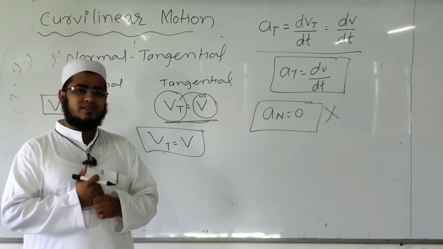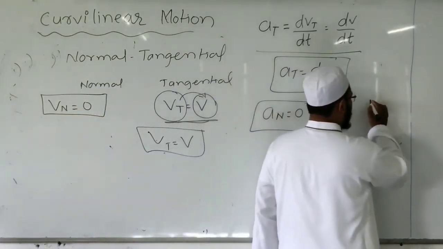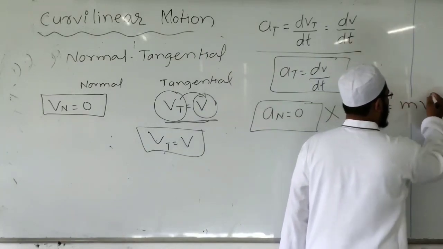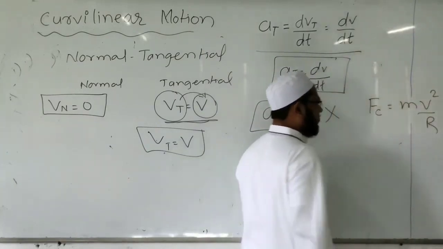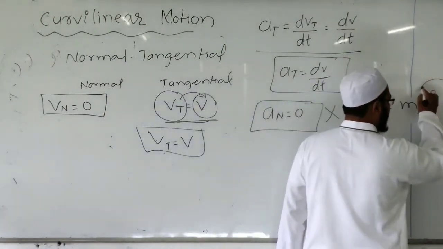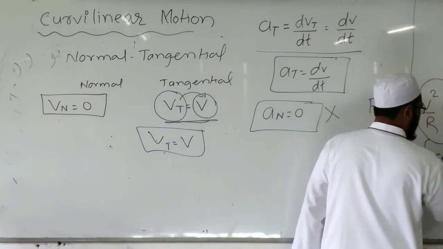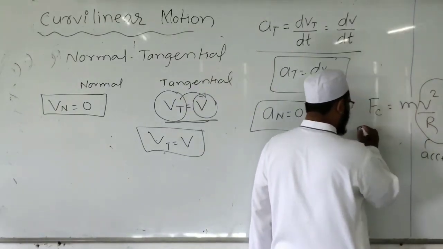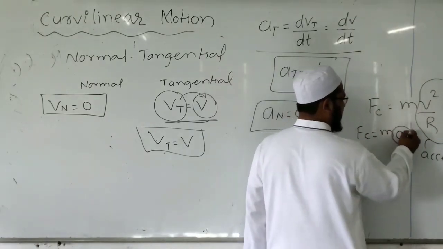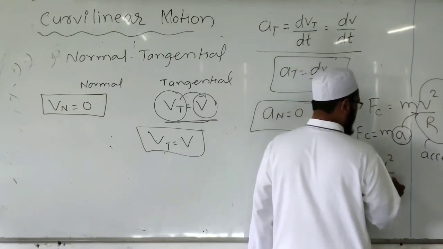And centrifugal force is given by Fc equal to mv square by r. What is this v square by r? It is the acceleration, because according to Newton's second law, F equal to ma, and this a is equal to v square by rho.